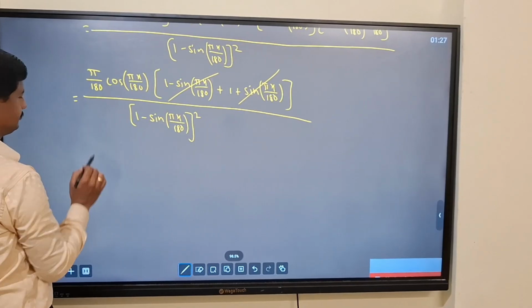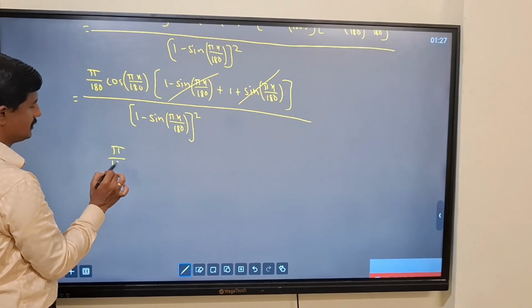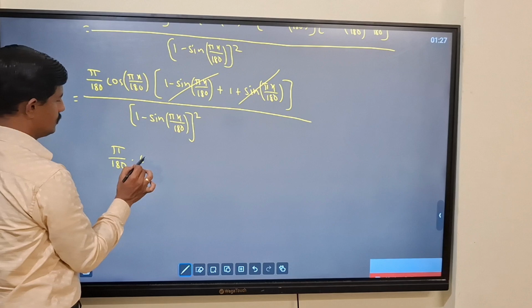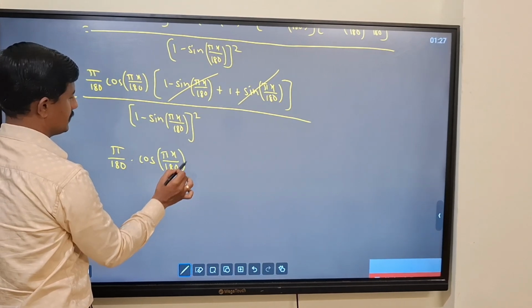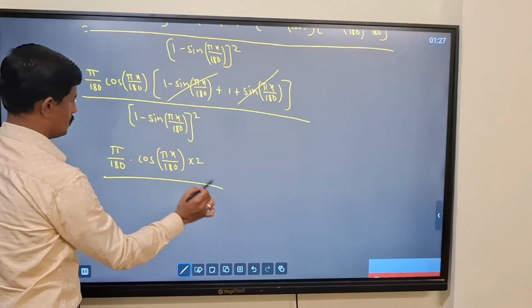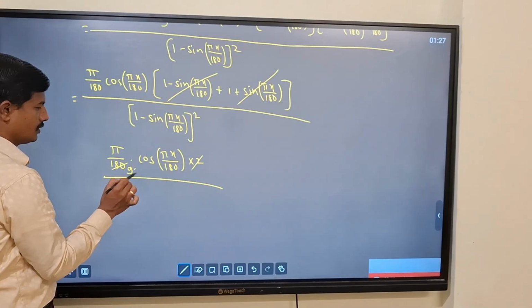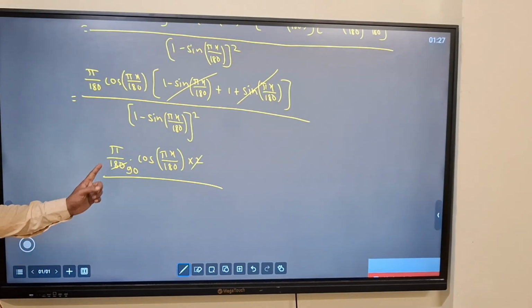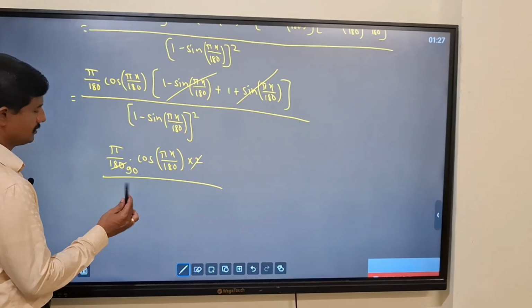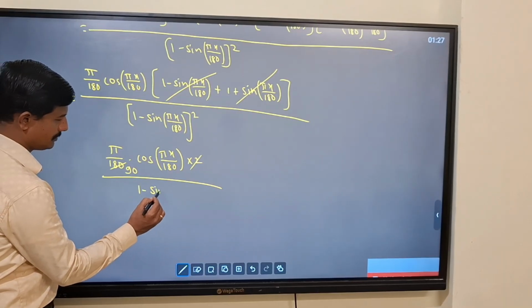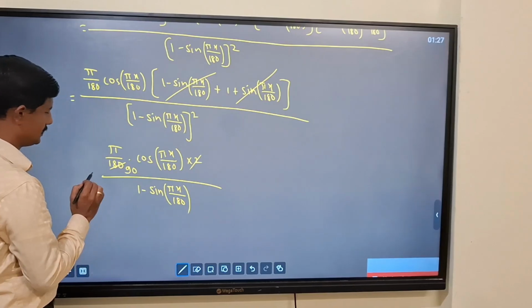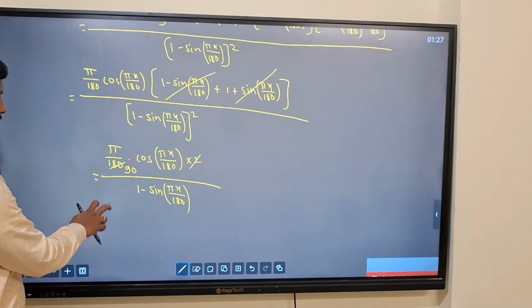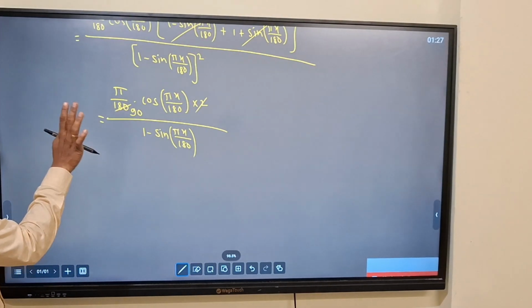So now next, this will remain pi by 180 into cos pi x by 180 into 2. After dividing 2 into 180, it becomes 90 upon 1 minus sine pi x by 180. Okay. Now remaining part is your answer in radian.